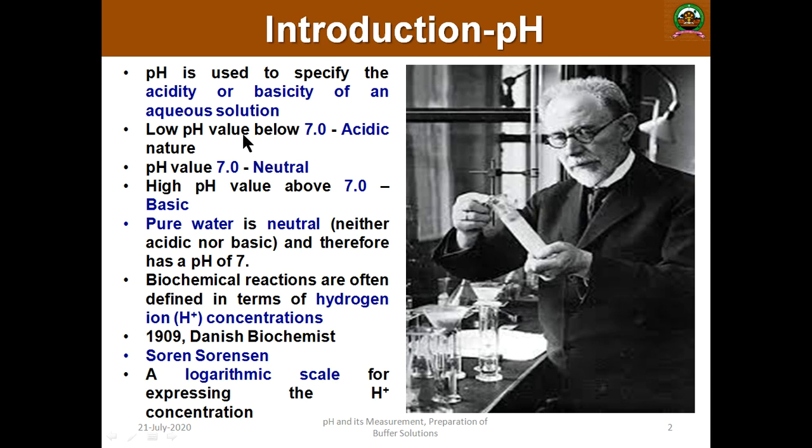Below this value 7, that is a pH lower than 7, is known as low pH, that is acidic condition. And a pH value above 7 is known as alkaline condition or basic pH.